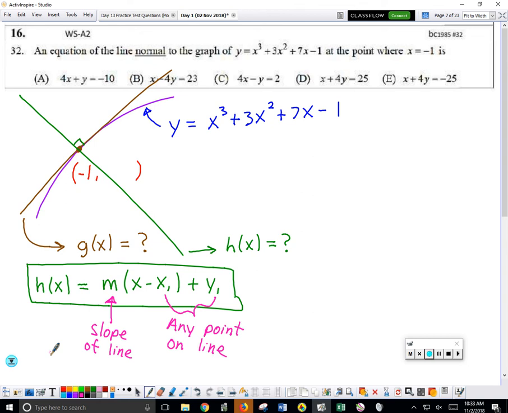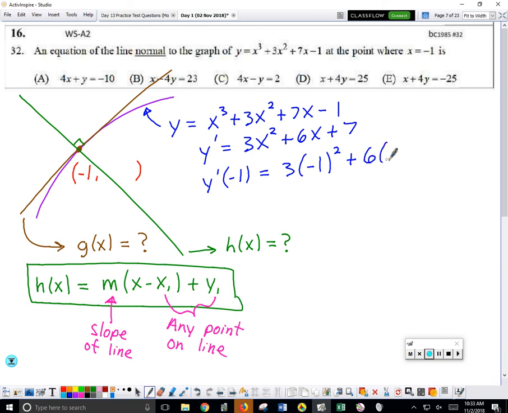The big idea here is that I can take this equation, find the derivative. In fact, let's write it out. It makes it a little easier to talk about. So I can say y prime is going to equal 3x squared plus 6x plus 7. I can then say y prime, when the x value is -1, is going to equal 3 multiplied by -1 squared plus 6 times -1 plus 7.